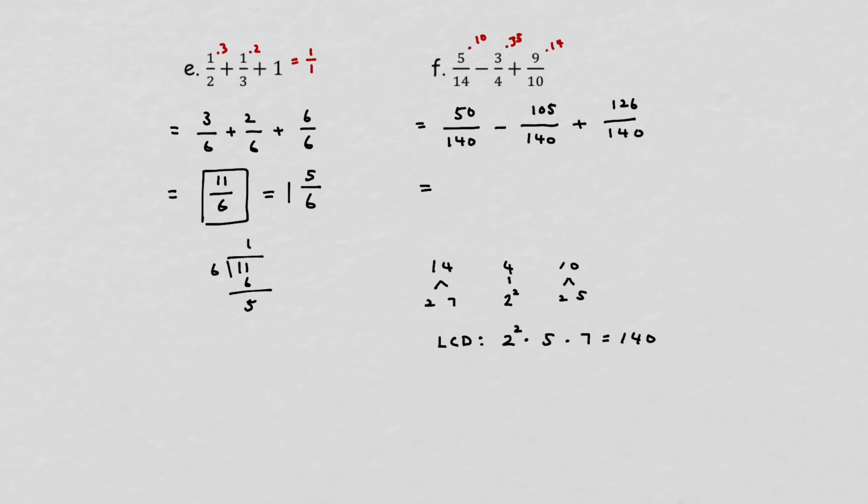So you're going to do the subtractions. 50 minus 105, and whatever that number is, you add 126, right? You get 71 over 140.